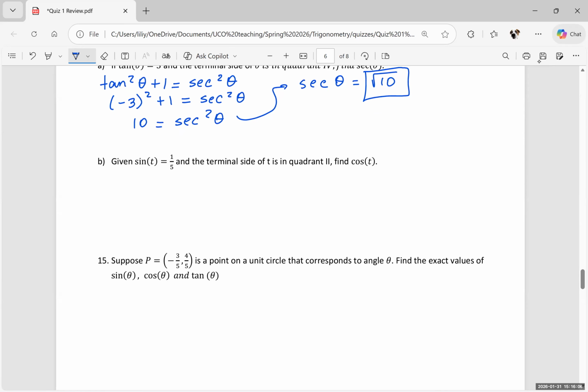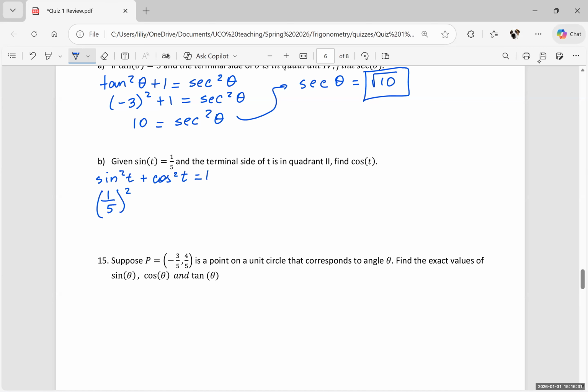And then part B is dealing with sines and cosines. So this is our basic form of the Pythagorean identity. Given that sine of t is 1 over 5 and the terminal side of t is in quadrant 2, find cosine of t. So this one is just sine squared t plus cosine squared t equals 1. Sine is 1 over 5.